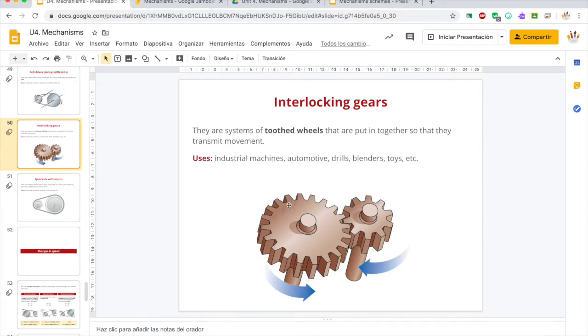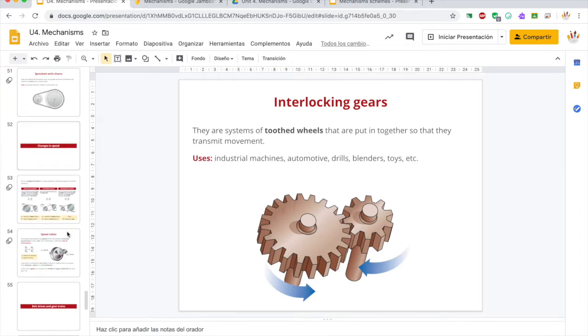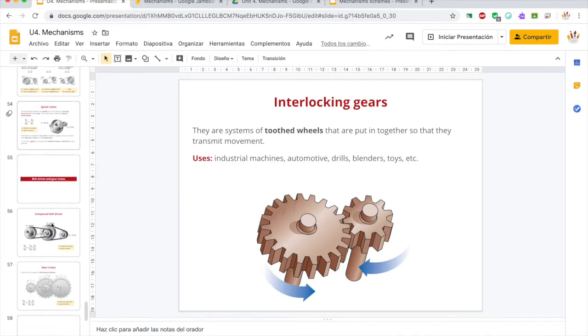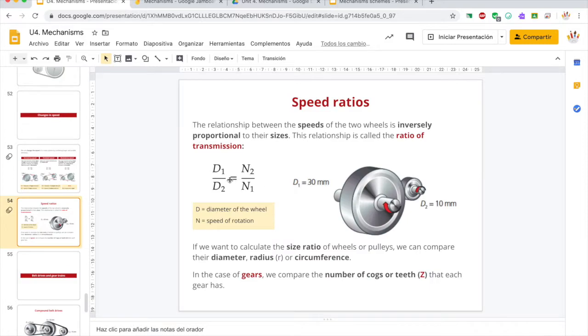Okay, so these are the cogs or teeth, and in order to compare the speeds, when we have two gears, we have to apply the same formula, but instead of the diameter, we have to use the number of cogs.